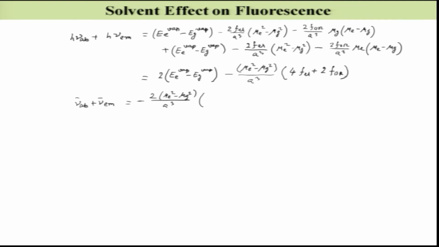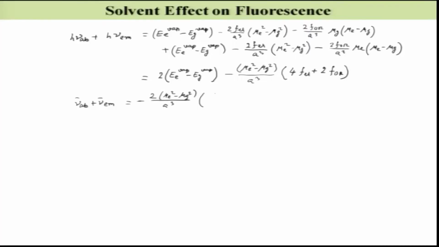What is F_EL? I said that it is (n square minus 1) by (2 n square plus 1), and the complete polarization is (epsilon minus 1) by (2 epsilon plus 1).